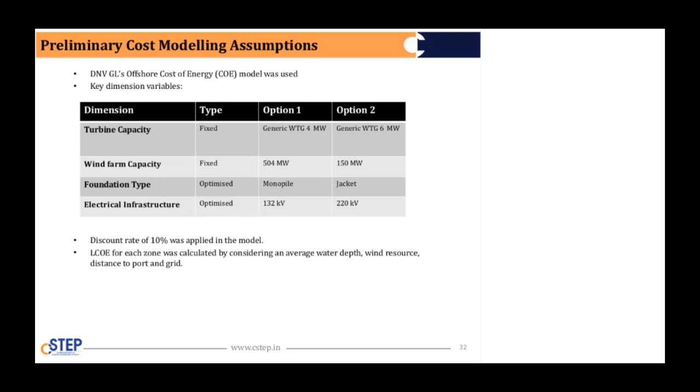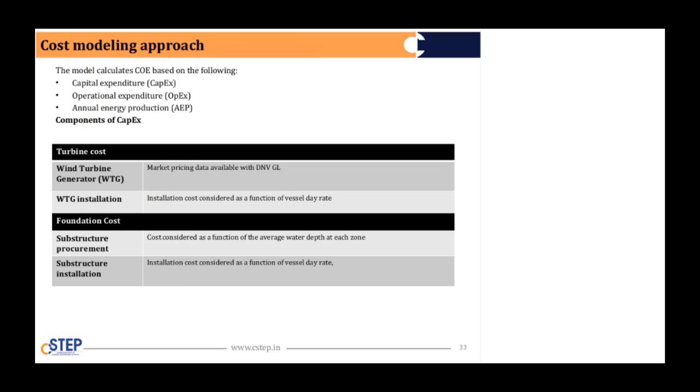So, farm capacity and turbine capacity: just those two, and the model by itself, after running simulations, optimized these readings and then generated the suitable foundation types and the electrical infrastructure required, which is the cabling. So it generated which zone requires which kind of foundation, at what depth, at what connectivity, whether a 132 kV line or a 110 kV line, etc.